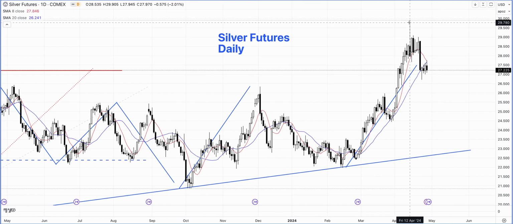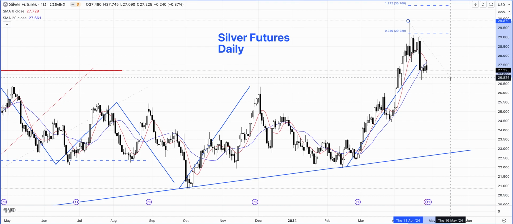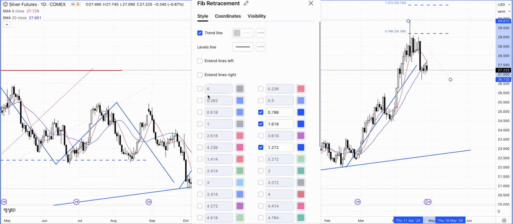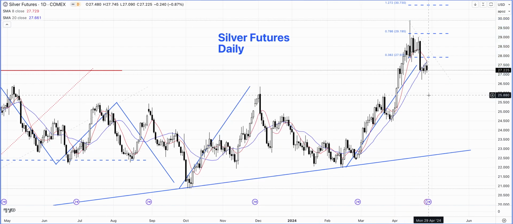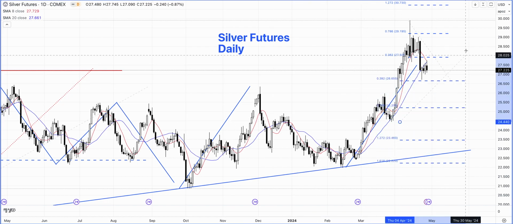And if we were to just draw a retracement, I believe, I'm not entirely sure whether it's 38.2% or not. No, so it's actually a little bit weaker. So really watching this one, looks like the silver market is weaker than the gold market.